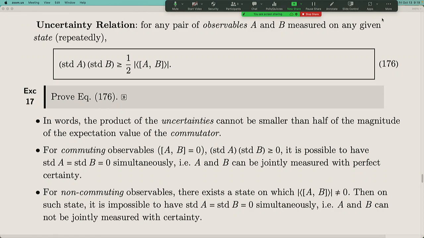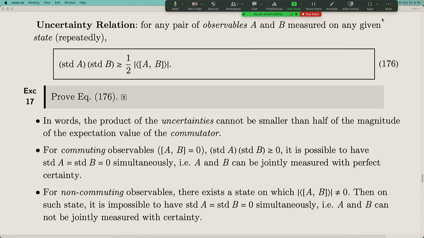For commuting observables, it's possible. If A and B already commute, then this commutator operator is simply 0, so the expectation value of the zero operator on any state will also be 0. On the right-hand side, it's 0, which means there's no lower bound.